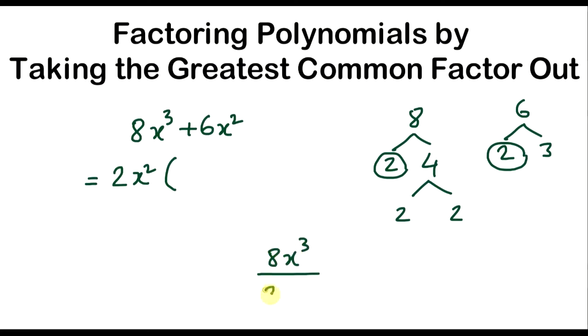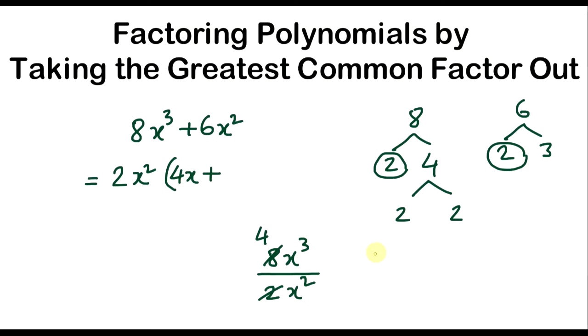divided by 2x squared. If you divide 8 by 2, you get 4 here. And if you divide x cubed by x squared, 2 of the powers will be gone. So only one power will be left here. So we have 4 and 1x left.